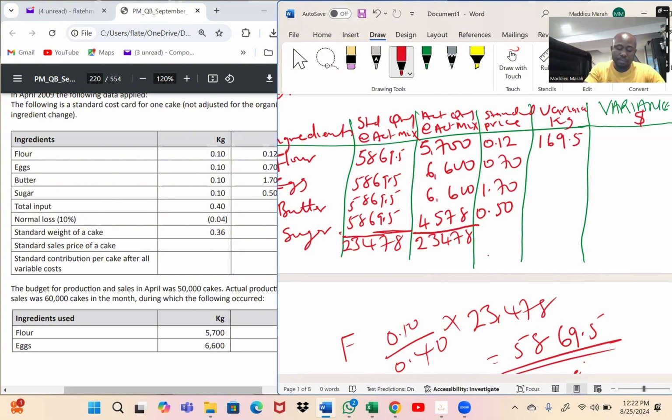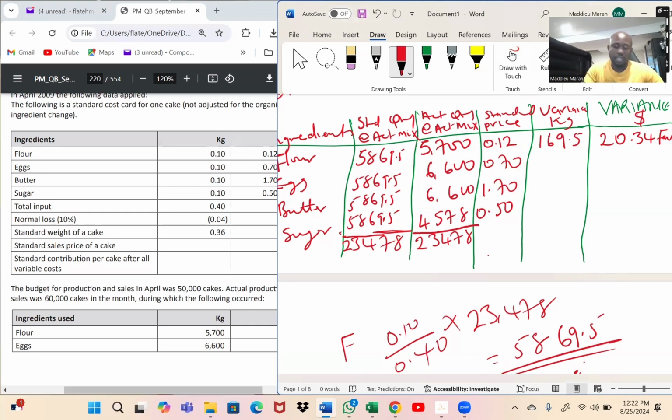I'll just multiply that by 0.12. This will give me my variance of 20.34. And this is a favorable variance. Our standard quantity was 5,869, and our actual result was 5,700. So the actual result was less than what we projected. So it's a favorable variance.